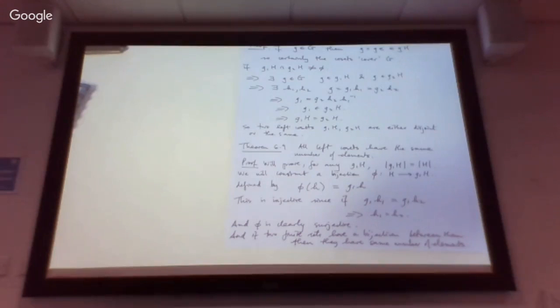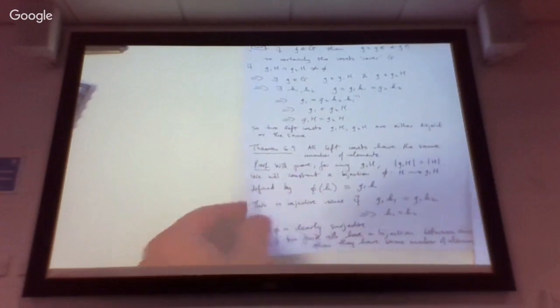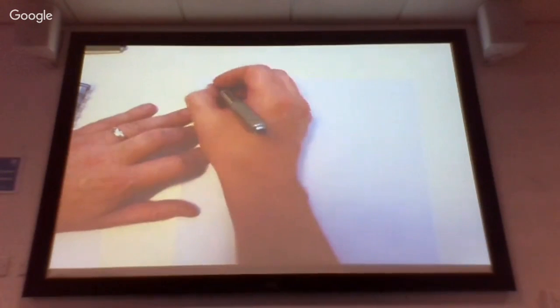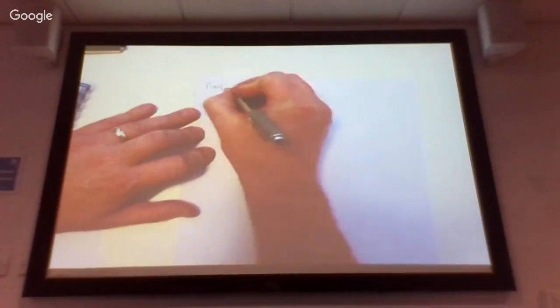So then we're ready to prove Lagrange's theorem. And the proof of it is really just observing that we've proved everything. So, proof of Lagrange's theorem.